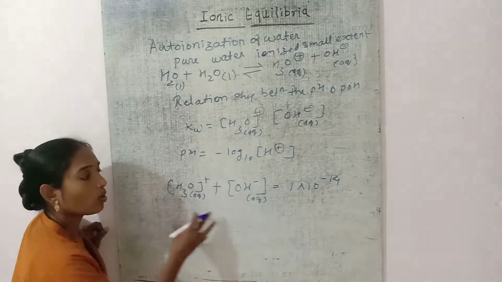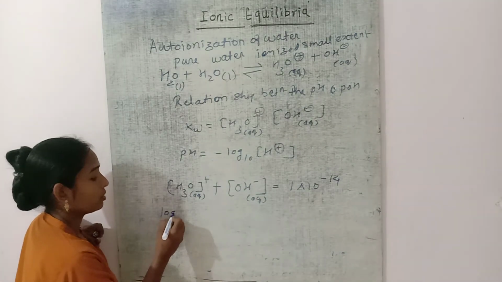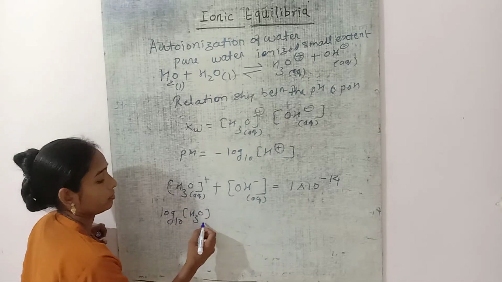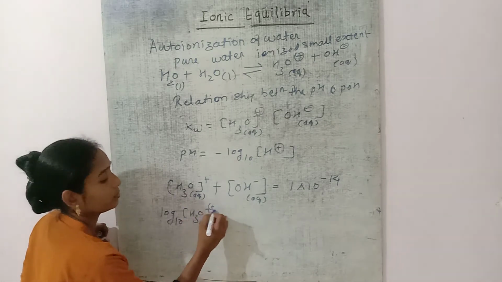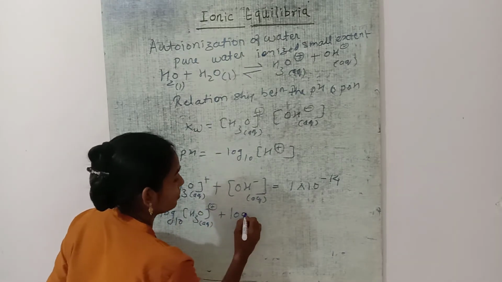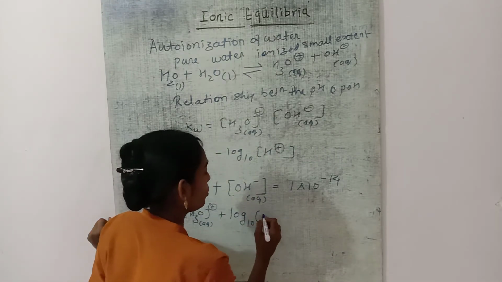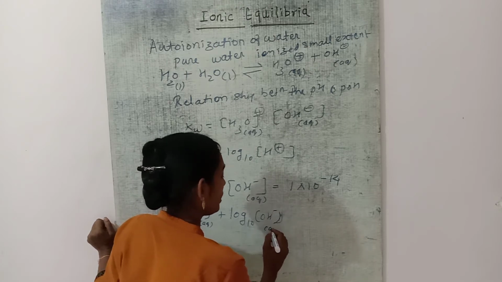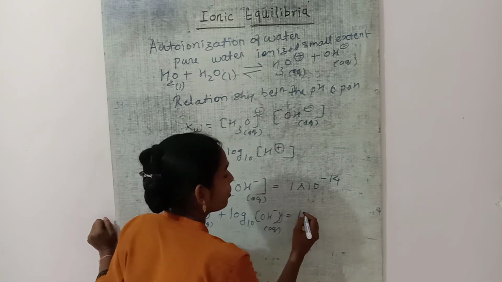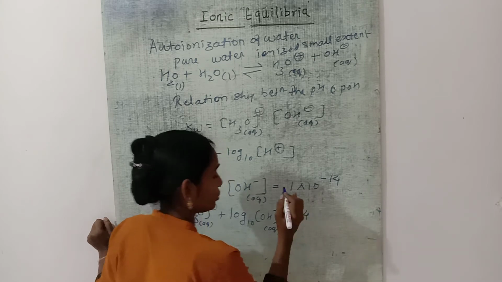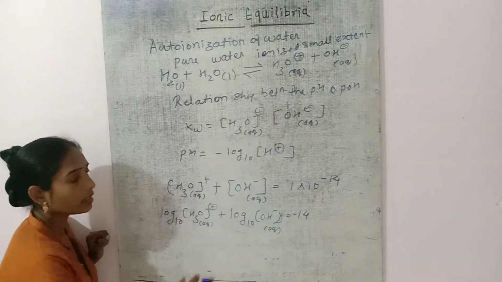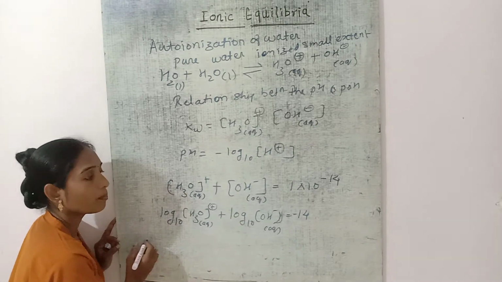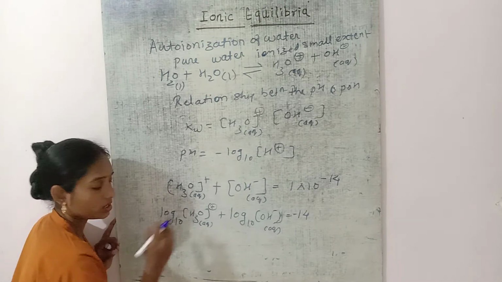You can take the log on both sides. Log base 10 of H3O plus plus log base 10 of OH negative ions aqueous gives minus 14. Then we multiply by a negative sign on both sides.